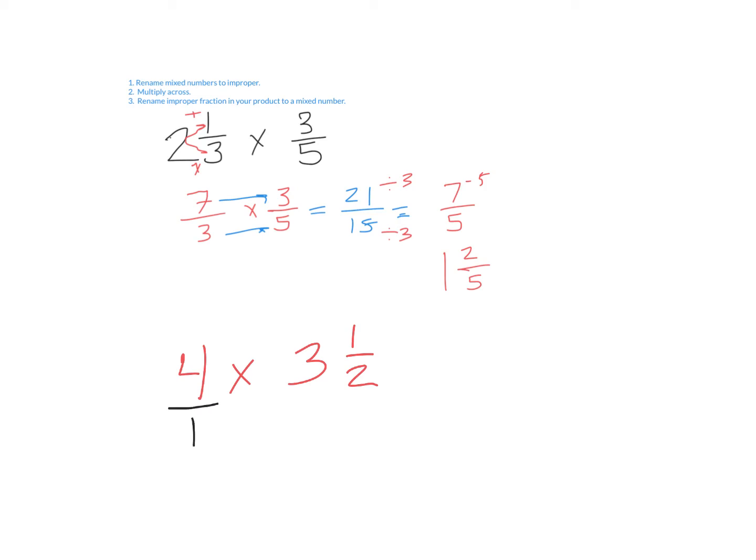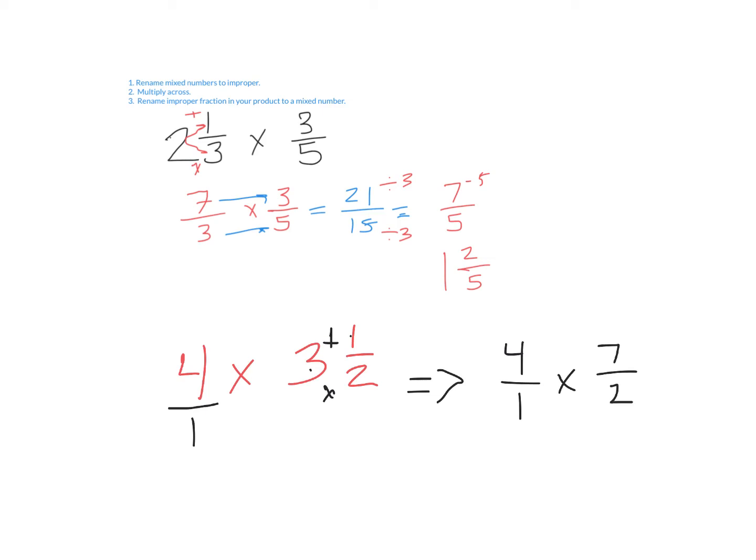Anytime I do that, I don't change the value, but I do give it a denominator, so now I can follow what we've learned before, and I have a new multiplication sentence of 4 over 1 times, and I'm going to convert this mixed number, 3 1/2, to an improper fraction. 2 times 3 becomes 6, plus 1 becomes 7, and my denominator stays a 2.